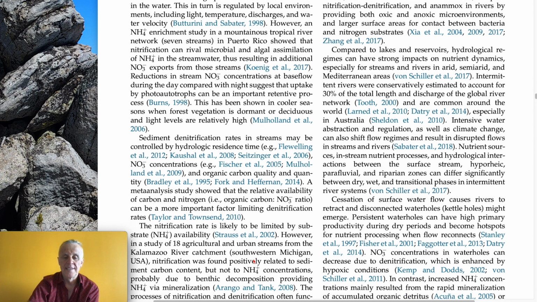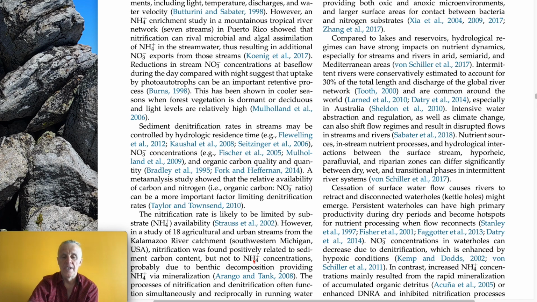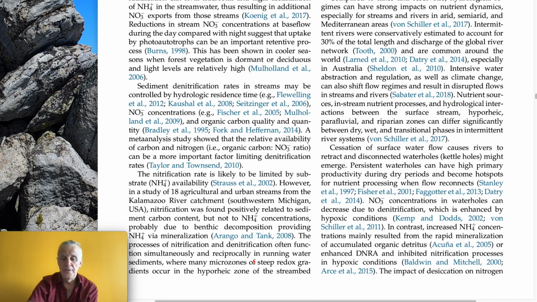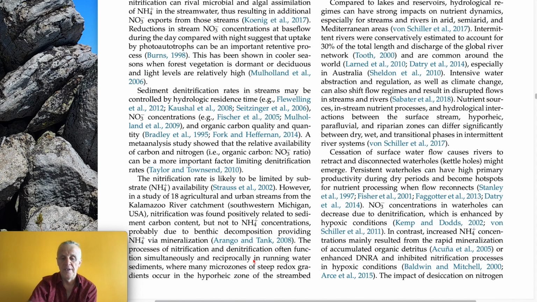A meta-analysis showed that the relative availability of carbon and nitrogen can be a more important factor limiting denitrification rates. The nitrification rate is likely to be limited by substrate ammonium availability.